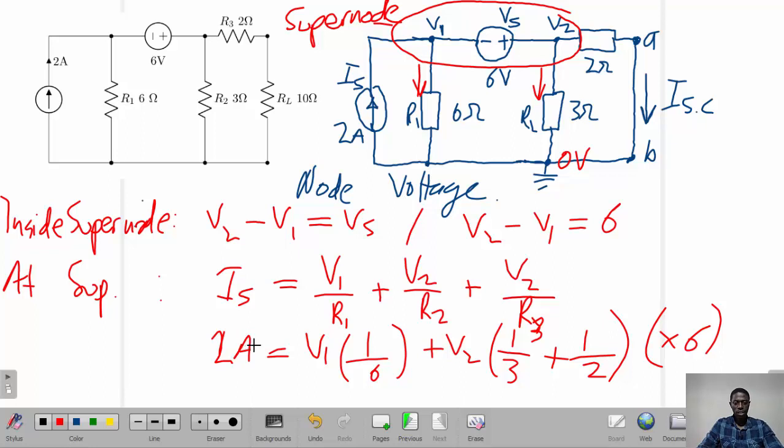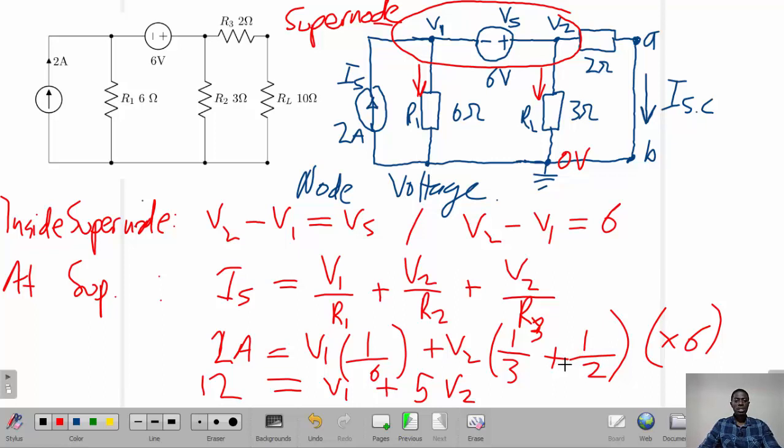So 12 is going to be equal to V1, which remains simply V1, as the 6 and 6 cancel, and then here we remain with plus 5 V2.